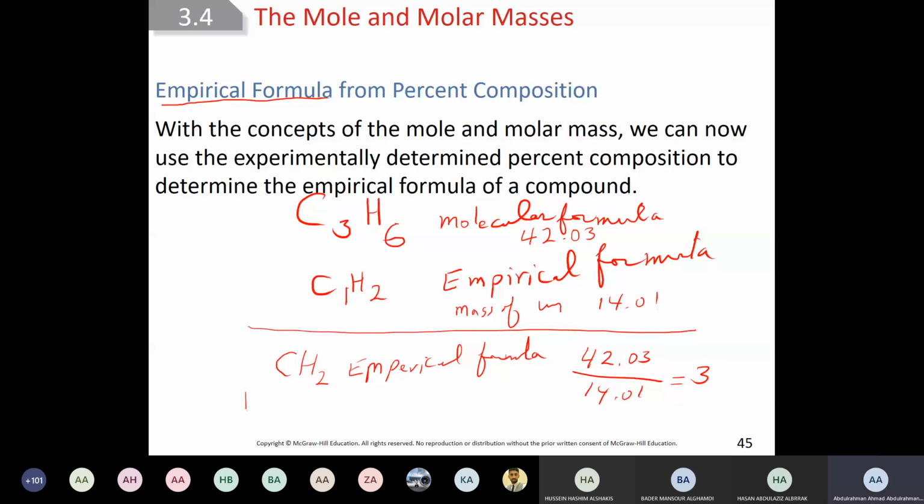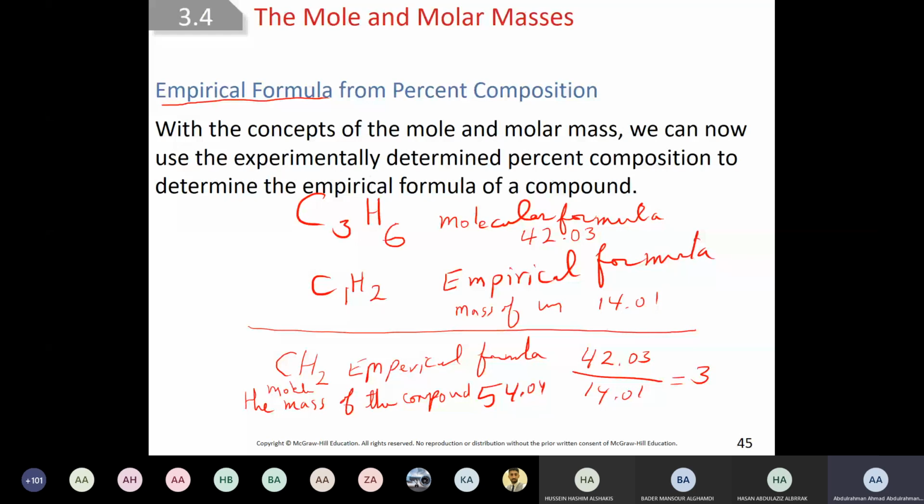And I know the molecular mass of the compound is 54.04.